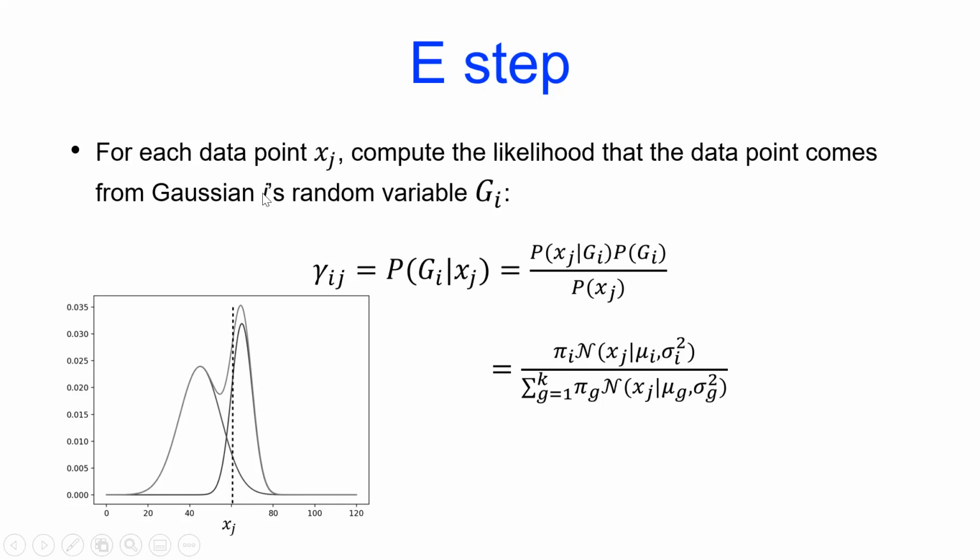Because in this example k equals 2, so we have two components, component 1 and component 2, basically Gaussian 1 and Gaussian 2. Now you have 5 data points, so you need to compute for each data point the likelihood that the point comes from a particular Gaussian component. So basically you need to compute gamma 1,1, gamma 2,1.